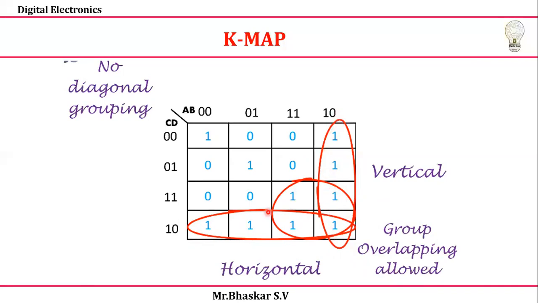A single 1 is there, so can I group it alone? No. If it is possible to group it with 2 or 4, you can group that, because with more grouping the number of variables is reduced, and the number of product terms is reduced at the end. Our main intention is to reduce as much as possible.